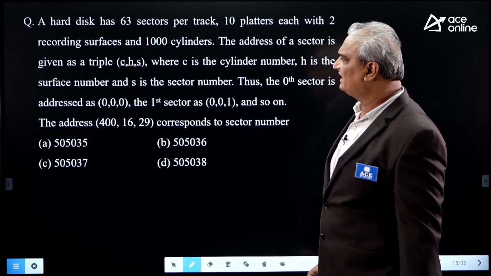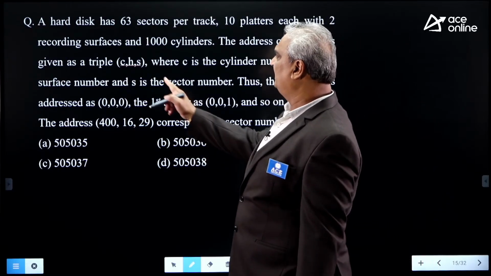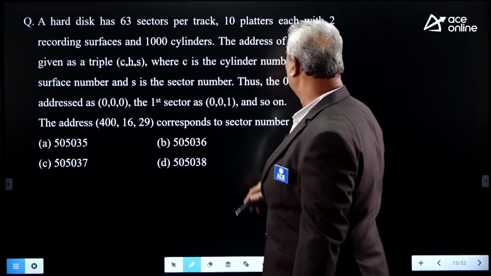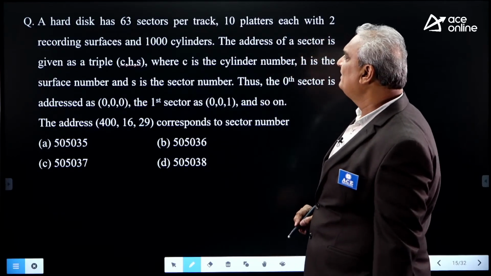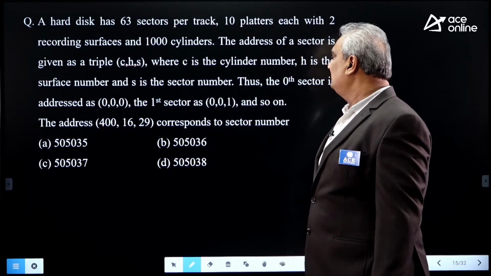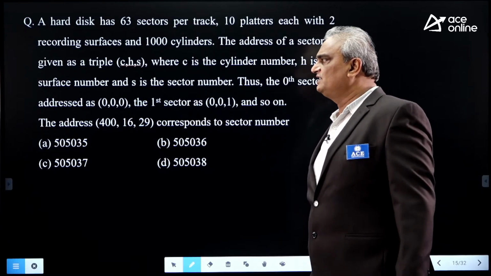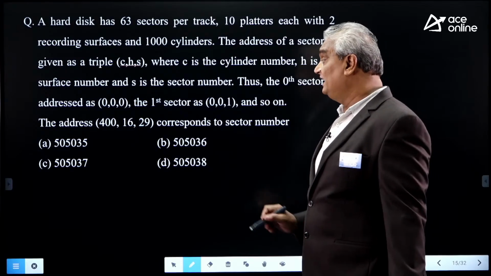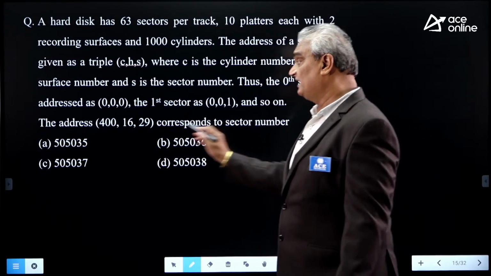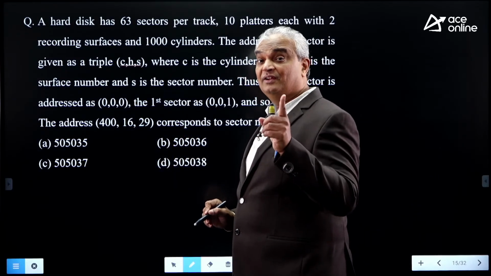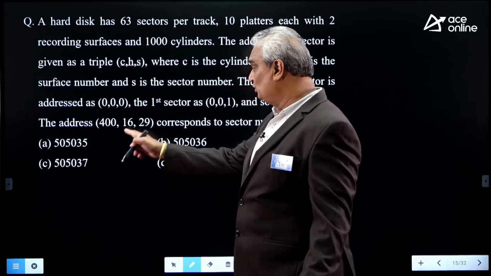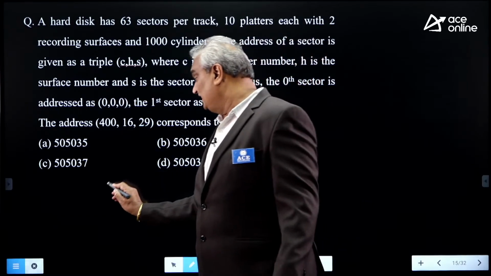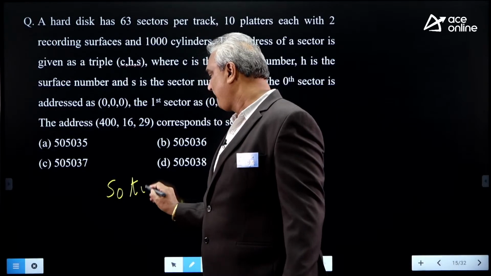The address of a sector is given in CHS format, where C is the cylinder number, H is the surface number, and S is the sector number. Thus, the 0th sector is addressed as 000, the first sector 001, and so on. He gave the address of a sector. He asked for the final sector number, meaning those sectors are starting from S0 onwards.